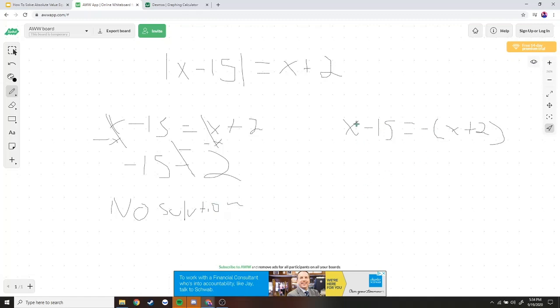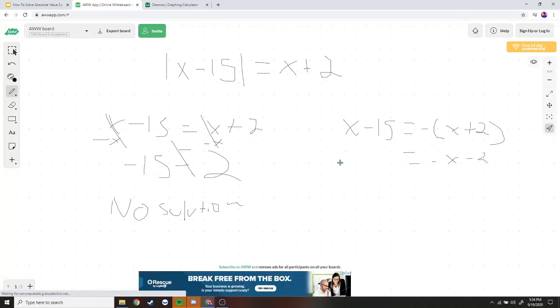Now, let's look at the other side. We have x minus 15 is equal to x plus 2 all times negative 1. So if we can just distribute that out, we get negative x minus 2 is equal to x minus 15. And now you can see that we can actually solve this, unlike the other one, because when we bring this negative x to this side, we're going to get 2x since we're adding x on both sides.